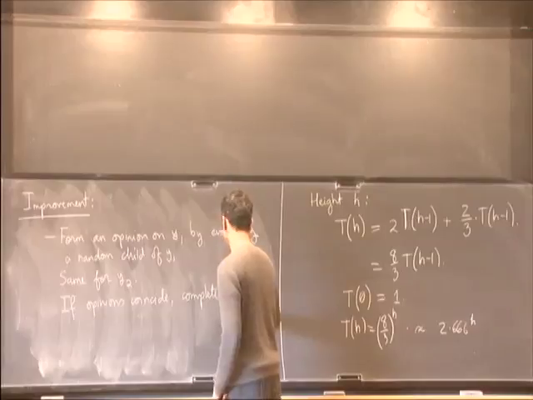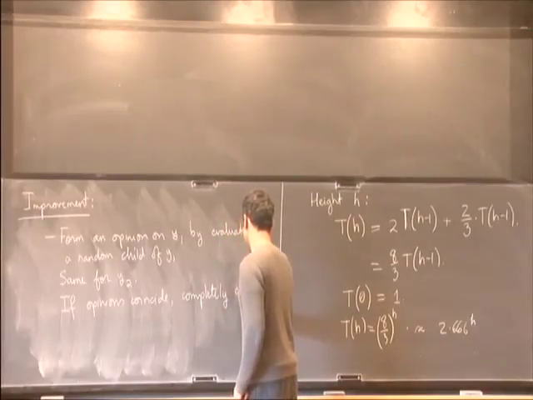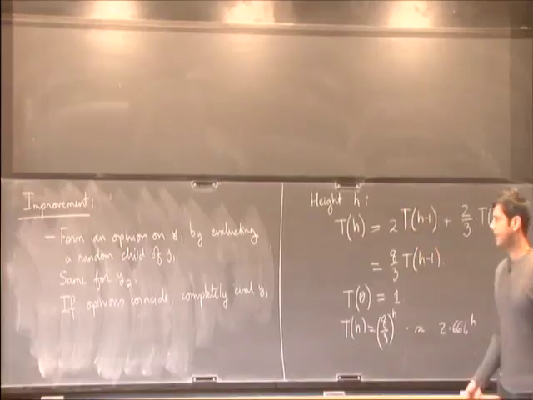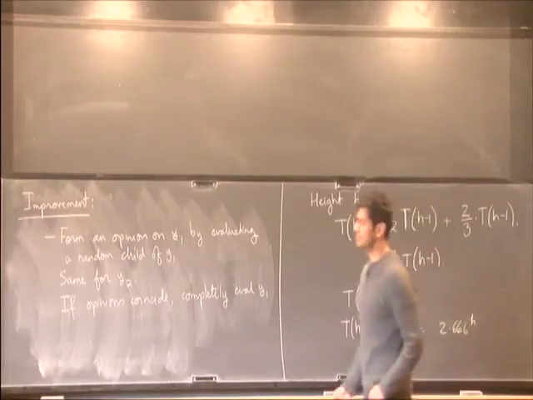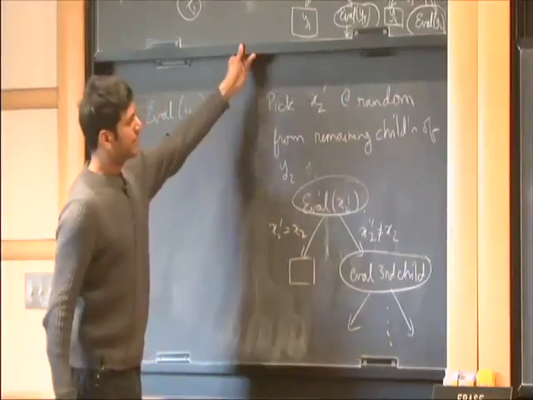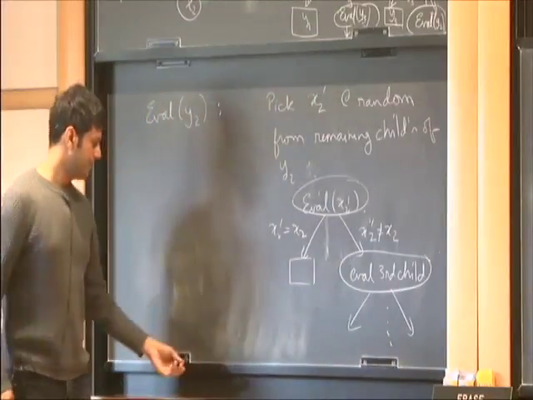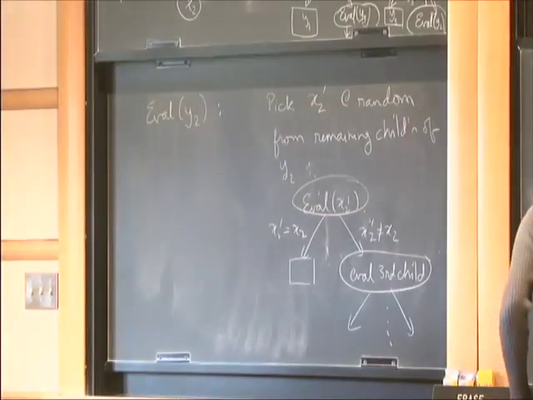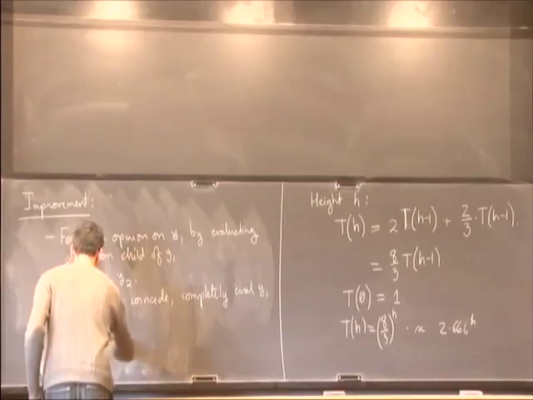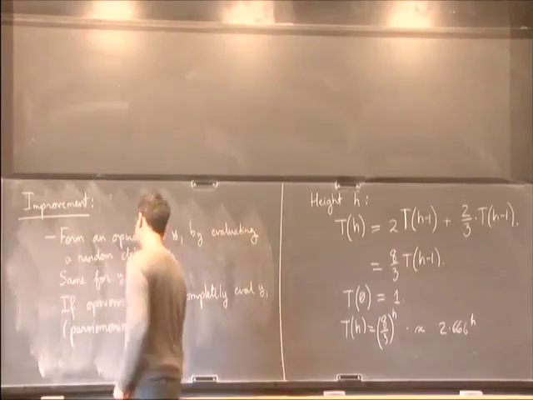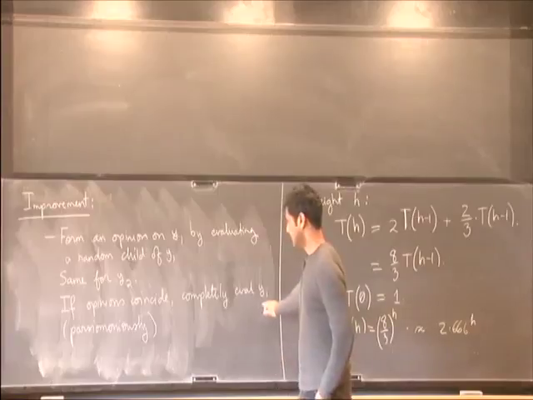So let's say you completely evaluate y1, and you do this, again, parsimoniously. So you would follow the same kind of algorithm as we had here. Right?